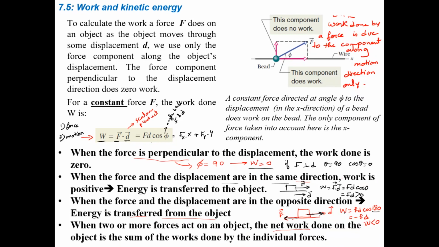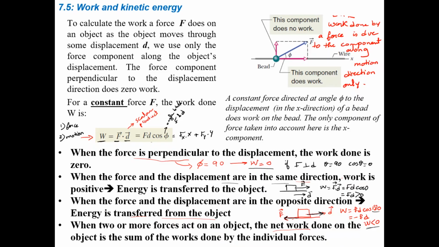So what I will obtain is that the work done is equal to minus F D. I obtain a negative work. So notice how the work can be positive or negative, essentially depending on the angle we have. If the angle is between 0 and 90, by the way, the work will always be positive. And if the force is opposing the motion, the work done will be negative.